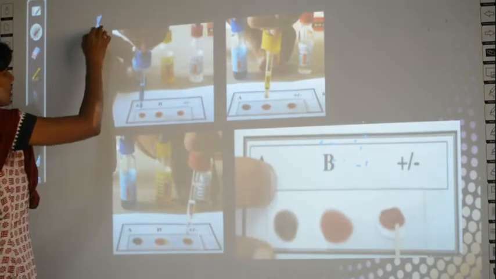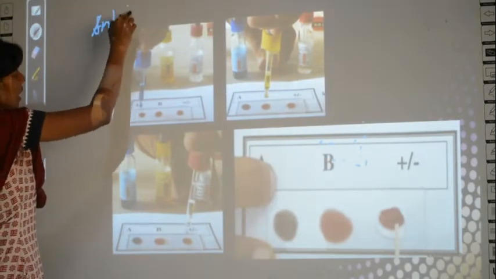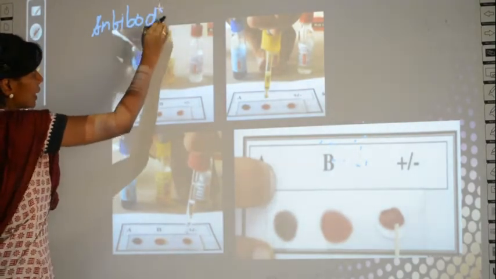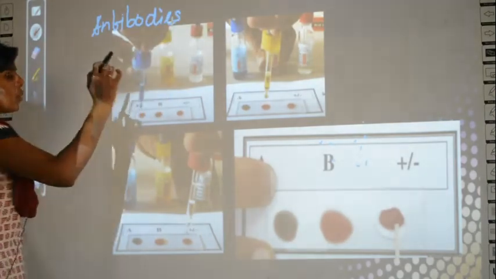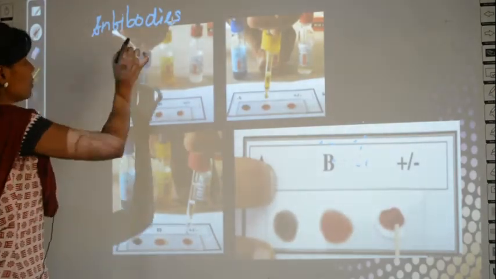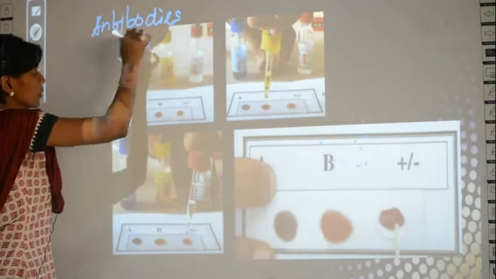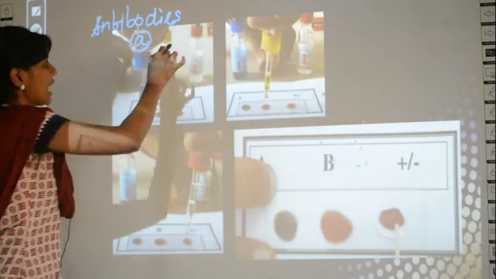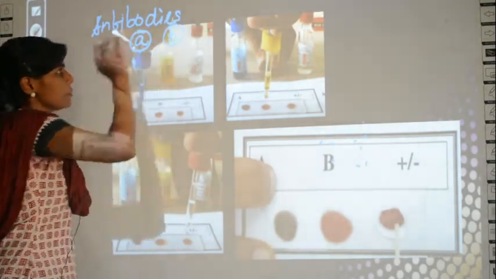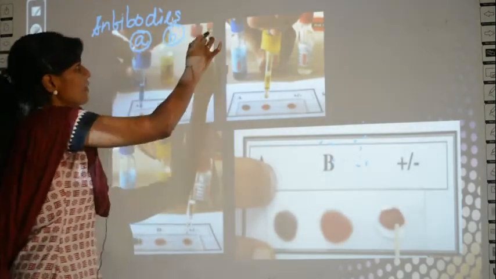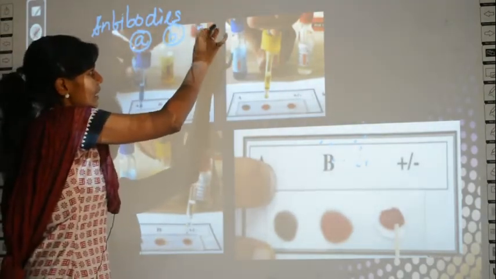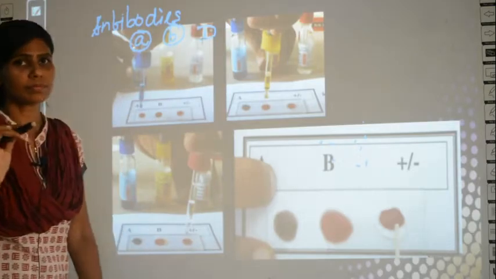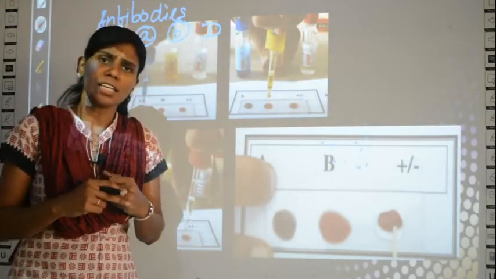So whatever is in the bottles are antibodies, not antigens. The blue bottle will have antibody A, the yellow bottle will have antibody B, and the white will have antibody D.